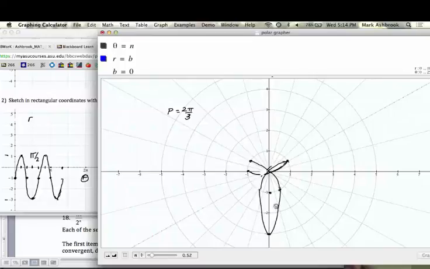Shoot, did I blow it? And then at pi, it's back to -1. Which is, pi is this way, -1 would be here.